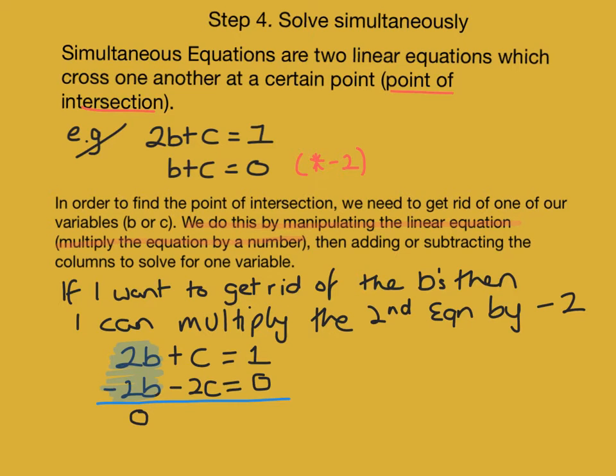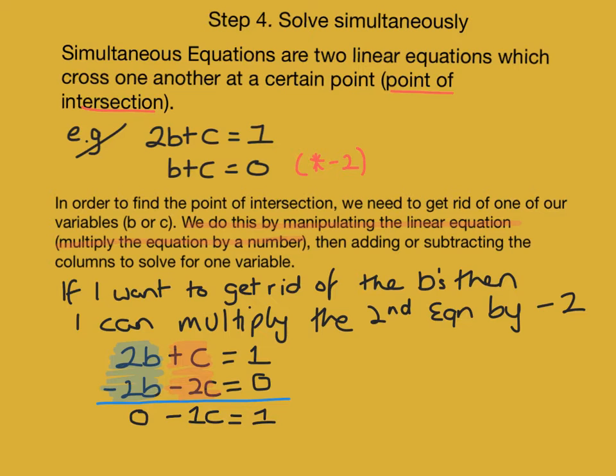Let's look at our next column. I have plus C minus 2C. So 1C minus 2C gives me minus 1C, or minus C. I actually prefer minus C. And then the final part, I have 1 and 0, which just gives me 1.